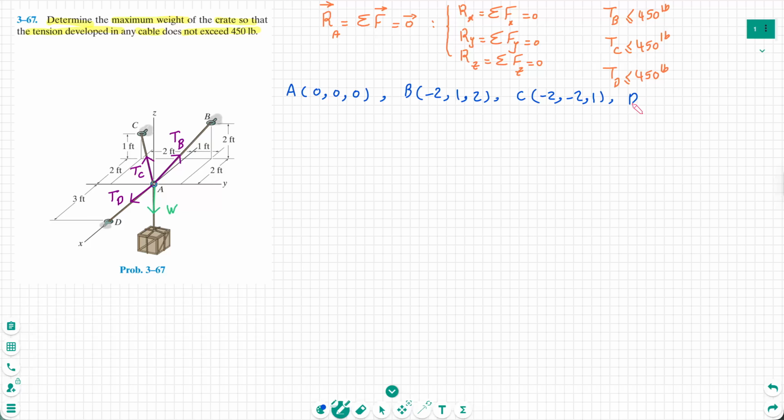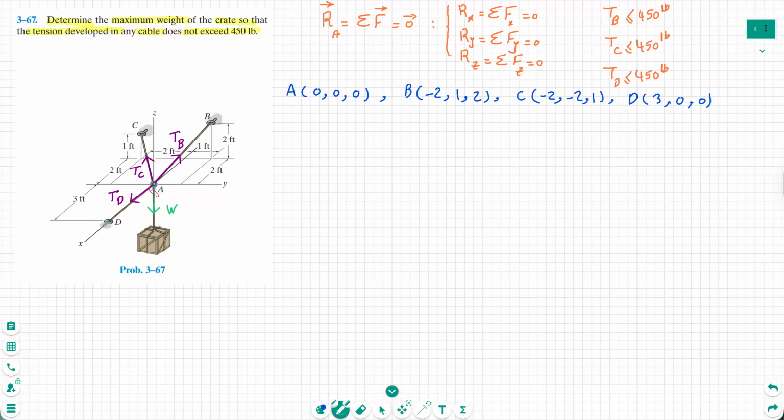So also I have to write for D. The point D is located on the x-axis, so it has just an x coordinate, which is 3, and the other coordinates are 0. Why? Because this point D is located on the x-axis, so the other coordinates must be 0.